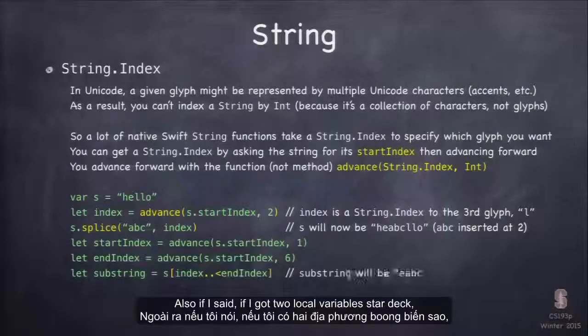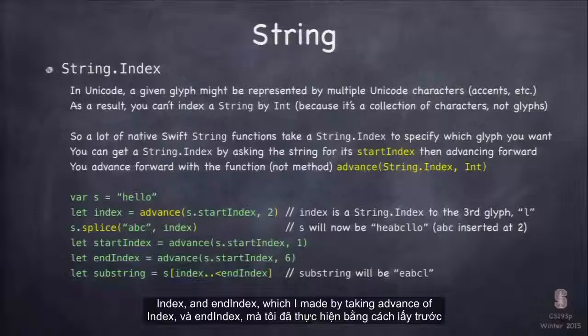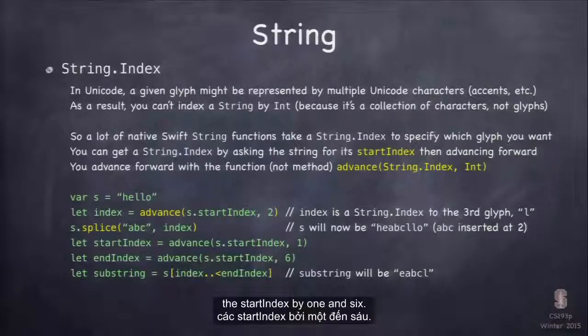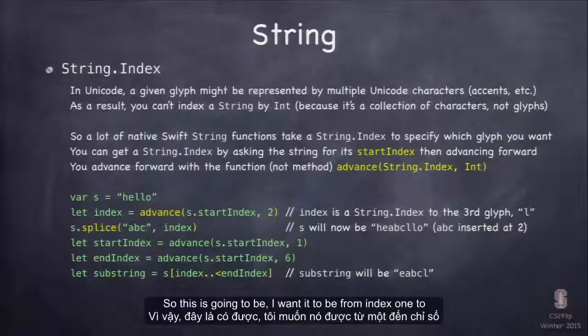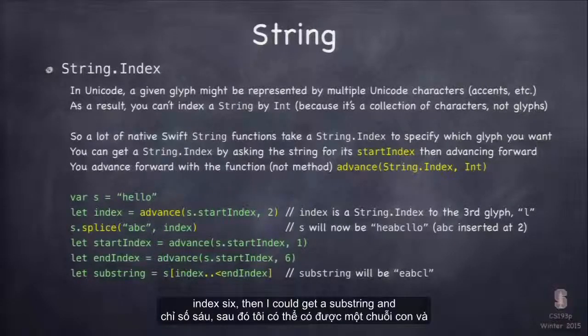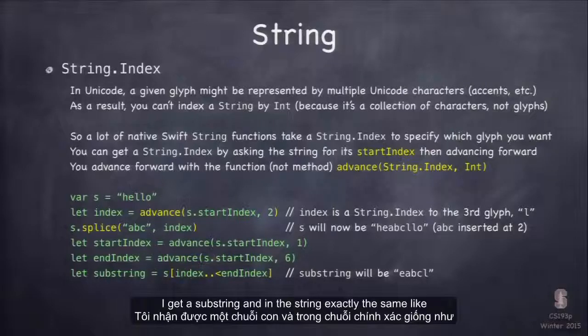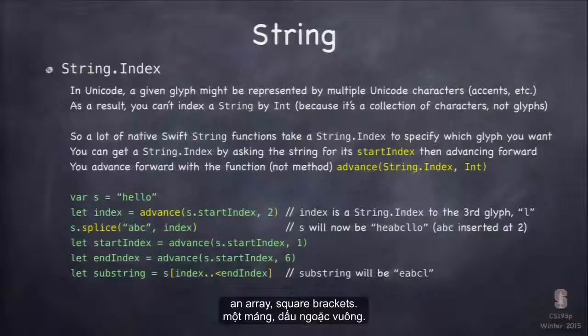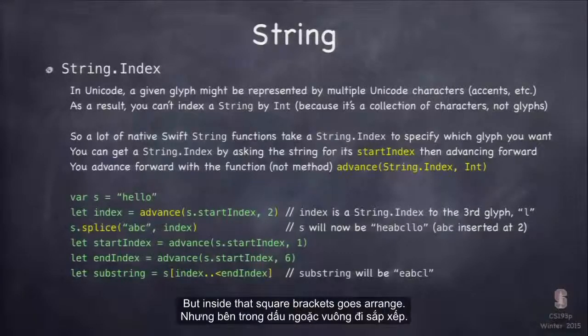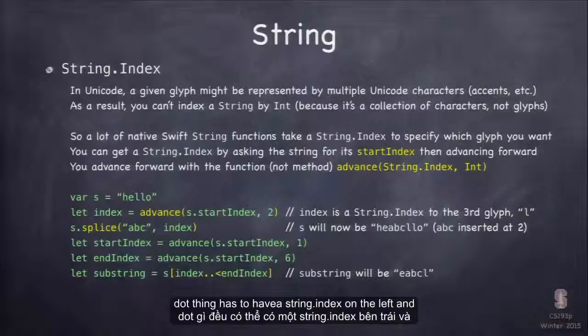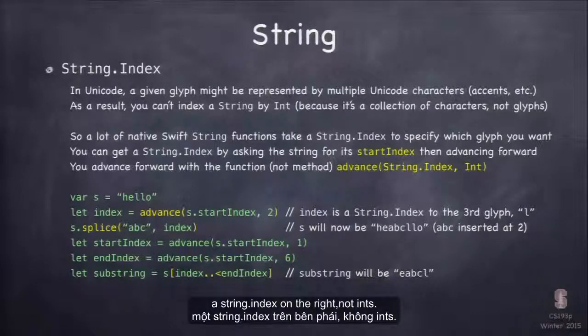Also, if I have two local variables, start index and end index, which I made by taking advance of the start index by 1 and 6, so I want to go from index 1 to index 6, then I could get a substring. And I get a substring in a string exactly the same as in an array, square brackets, string, square brackets, but inside the square brackets goes a range, and the range, the dot dot dot thing, has to have a string dot index on the left and a string dot index on the right, not ints.